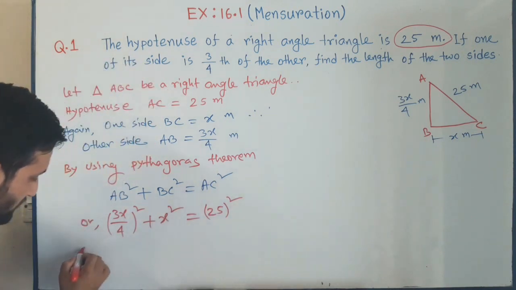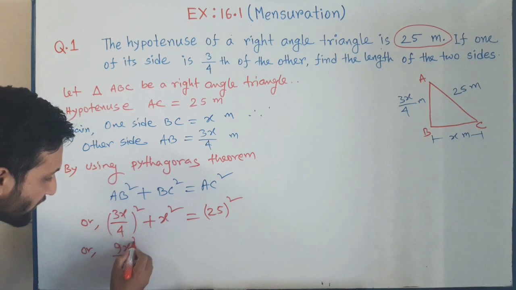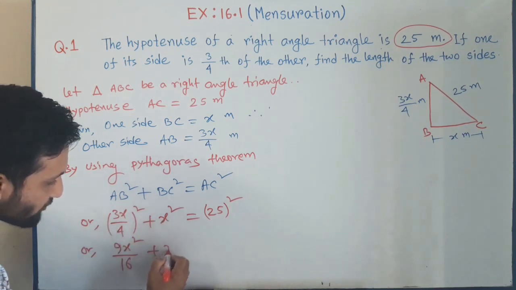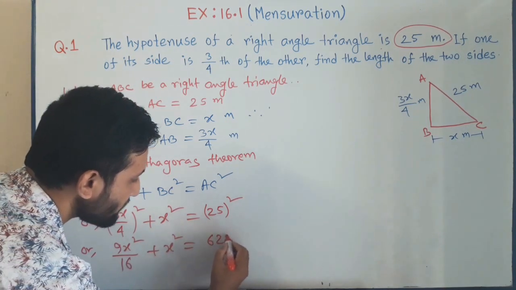Now by using simple calculation, 3x square, that means 9x square, divided by 4 square, that means 16, plus x square equal to 25 square, that means 625.